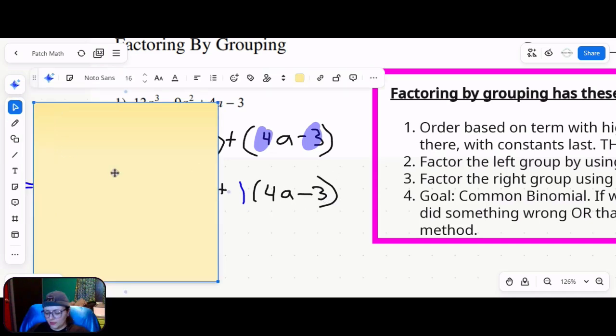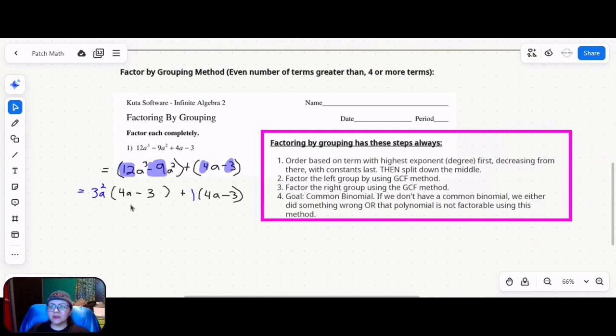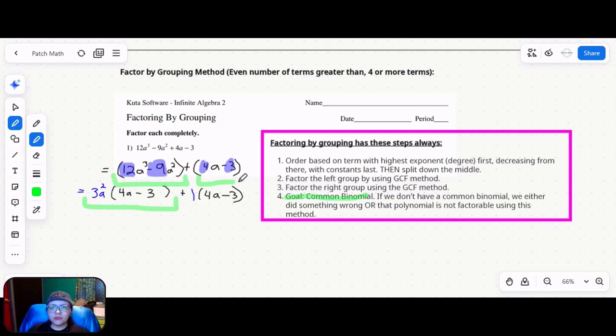Now we can uncover the other side, and it's important here that we look. We had a goal, whether you're aware of it or not, that we will have a common binomial that we'll be able to factor out of these two groups. So here is group 1, and here is group 2.